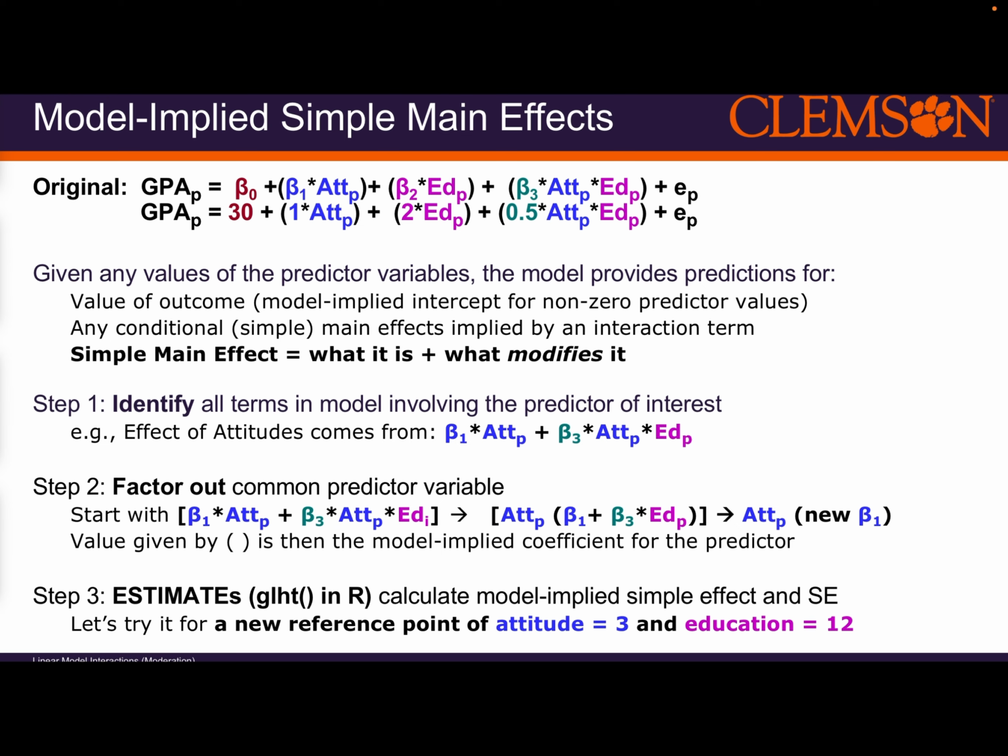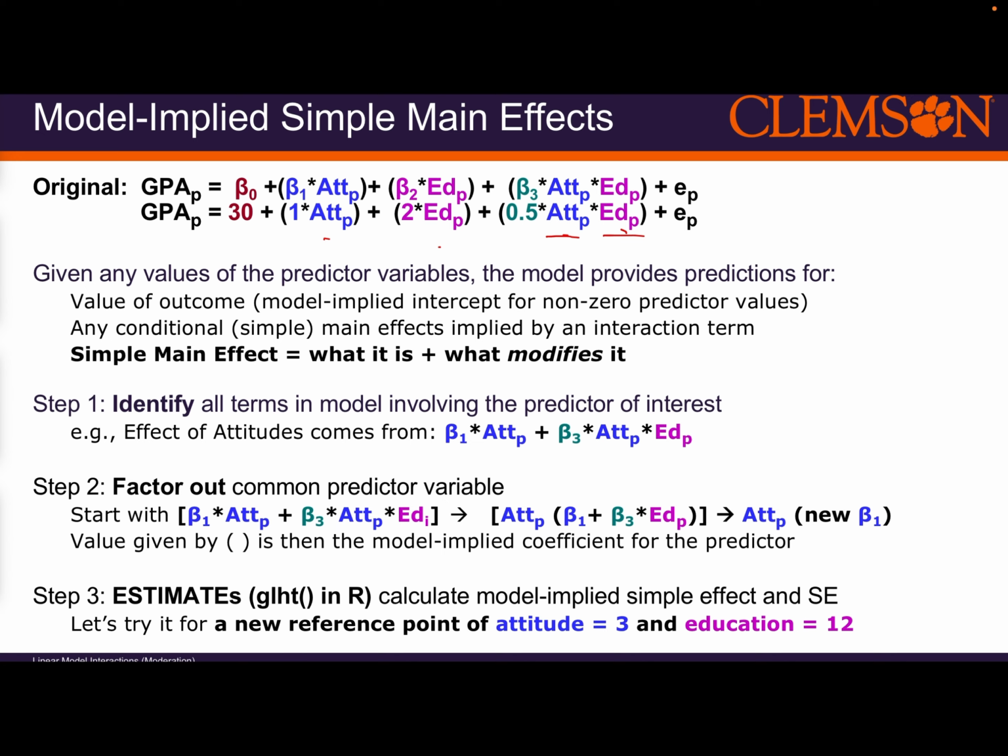And then the second variable will be a person's father's number of years of education. And let's also then take the product of a person's parental attitude and father's years of education and put those in an interaction. So given any values of the predictor variables, the model will provide a prediction for the outcome, right? So plug in something for attitude, for education, and their product, and you'll get a predicted GPA.